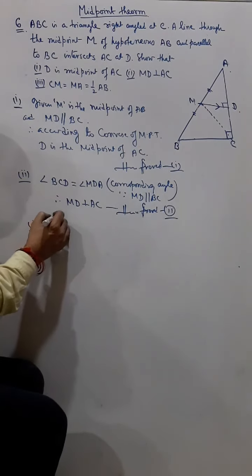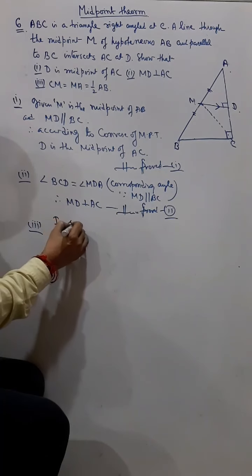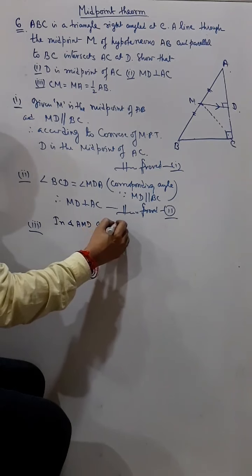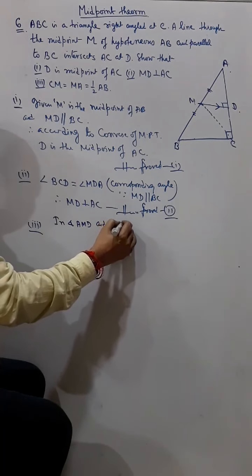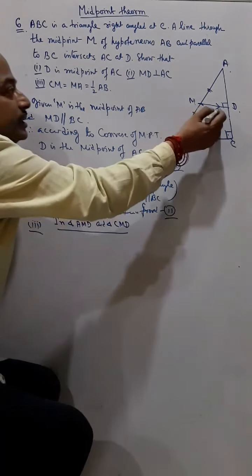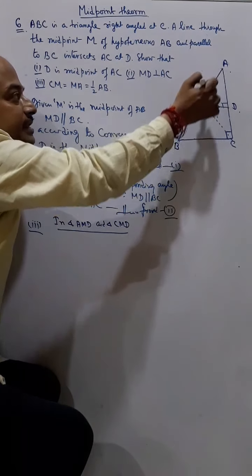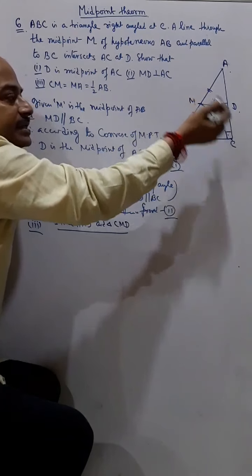For this we take triangle AMD and triangle CMD and prove these two triangles congruent. Then we can say AM equals CM by CPCT.